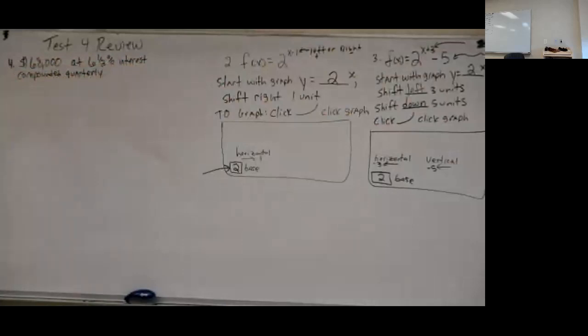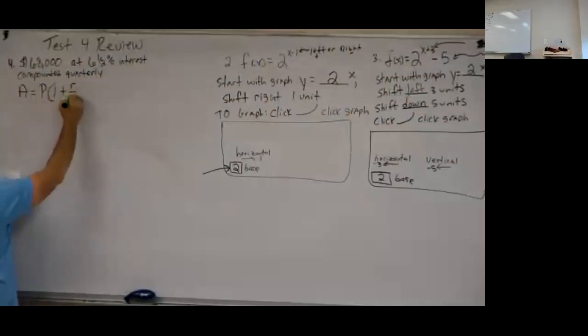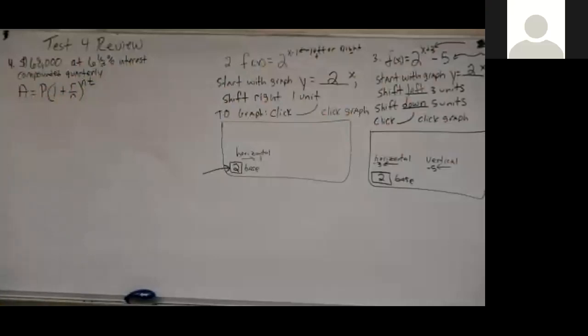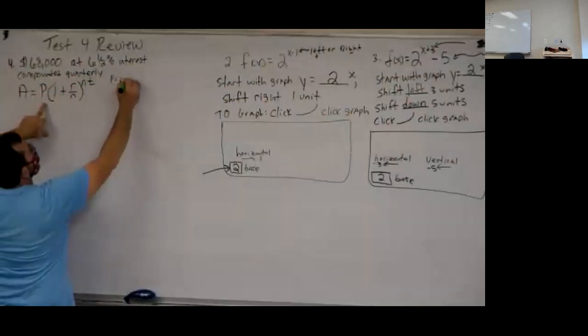So the first thing they want me to do is find a function for which the investment grows after T years. So let me give you the general formula, and then we're going to work that formula into what they want. So the formula you're going to use for this problem is A equals P times 1 plus R divided by N, raised to the N times T. P is the principal, or starting amount.